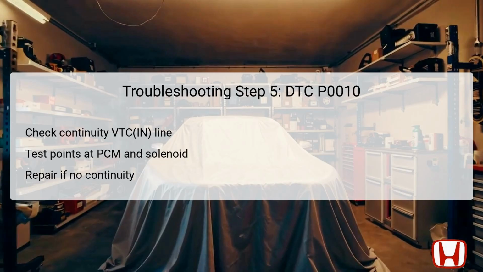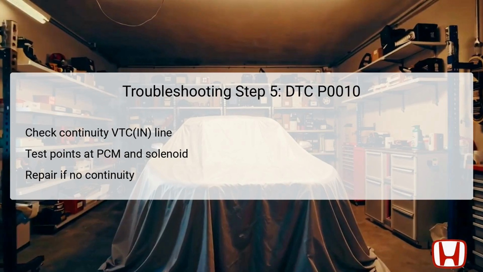The final troubleshooting step involves another continuity check, this time on the VTC in line. Ensure that the vehicle remains off and that both the VTC Oil Control Solenoid Valve A's connector and PCM connector E are disconnected.